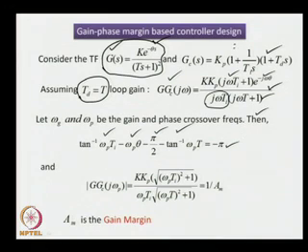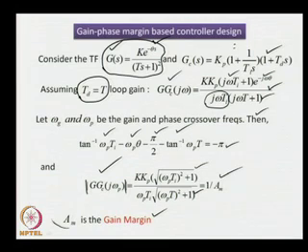At the same phase crossover frequency, the magnitude of the loop gain G G_C(j omega p) will be equal to K Kp times square root of (omega p Ti) square plus 1, upon omega p Ti times square root of (omega p T) square plus 1, which is nothing but the inverse of the gain margin.